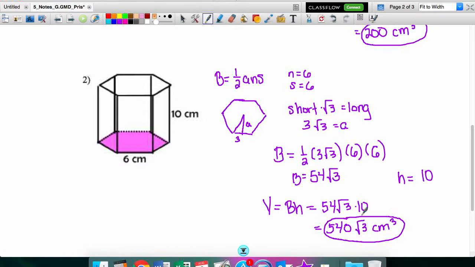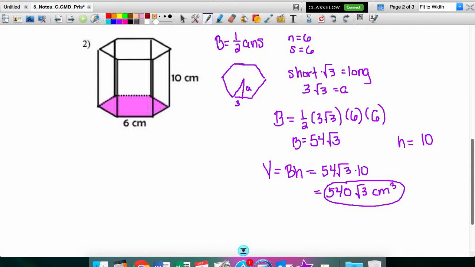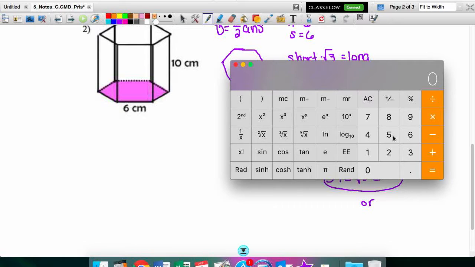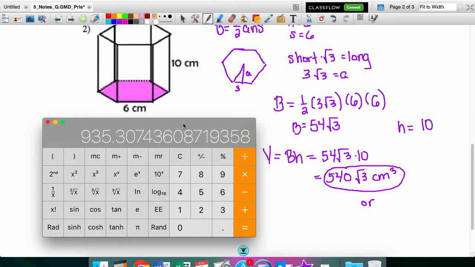If you would like a decimal equivalent, you could put it into your calculator. And the decimal equivalent turns out to be, let's see here, 540 radical 3, so 3 times the square root times 540 would be 935.31.